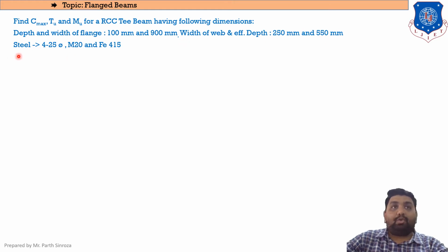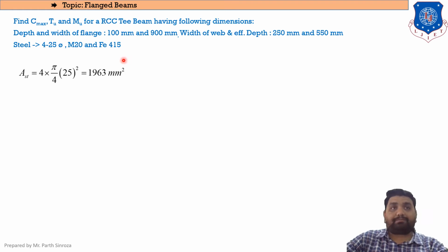Clear? The steel to be provided is 4 numbers of 25 mm diameter bars, so from this the value of AST can be easily obtained. The grade of concrete used is M20 and the grade of steel is Fe415.